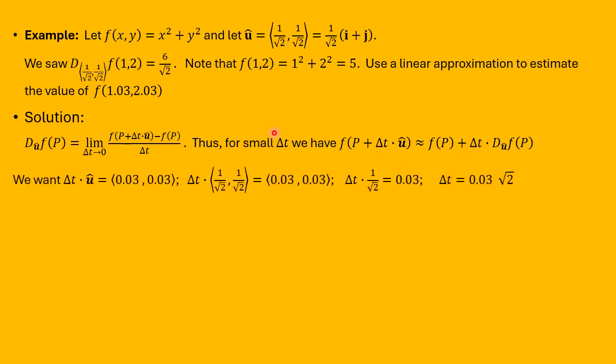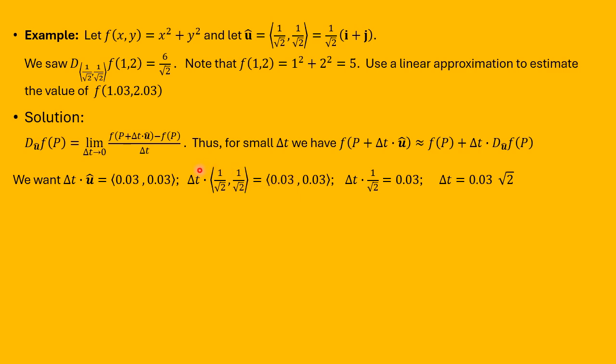Now, we're going to estimate f of (1.03, 2.03). So we want delta t times u hat to be (0.03, 0.03). Can we do it for this particular u hat? Well, u hat is this vector right here, so delta t times this vector has to equal this vector.